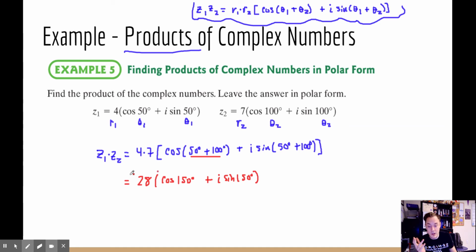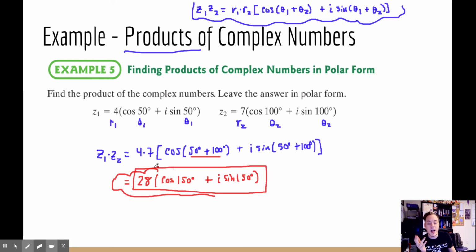I'm not going to do that, so I'm just going to leave it as this. Actually, I'm going to box this. Sorry, it's my actual answer. Okay, but that's my answer. Smiley face. Sorry about that. But that's all there is to it. It doesn't say to evaluate it, so I want to leave my answer in polar form. So that's polar form, so I'm done.